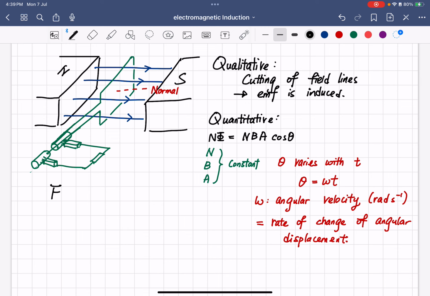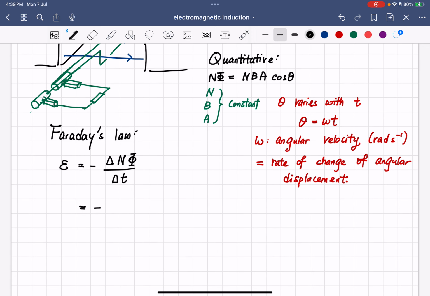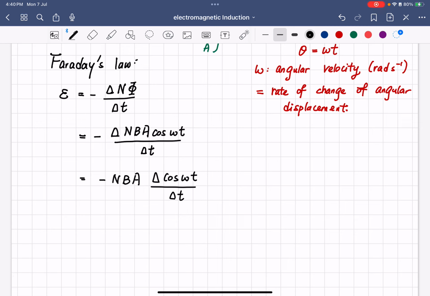Now we can use Faraday's law. EMF is equal to minus change in N phi over change in time. So we have minus change in NBA cosine omega t over dt. Because N, B and A are constant, we can just pull them out. Now, the interesting part is that in order for us to evaluate this, we actually need calculus.